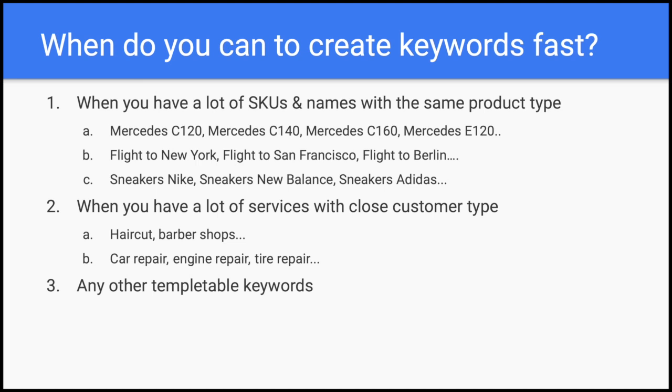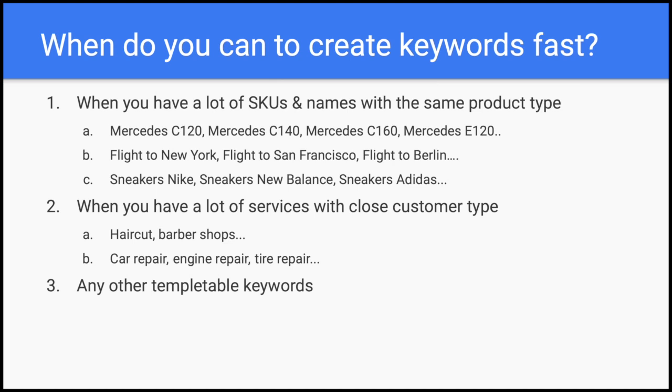But the actual way of typing this keyword is exactly the same. The same thing happens with flights, with sneakers, with groceries, with a lot of different things. Almost all products have a way to type the same keyword, just changing the name of it.